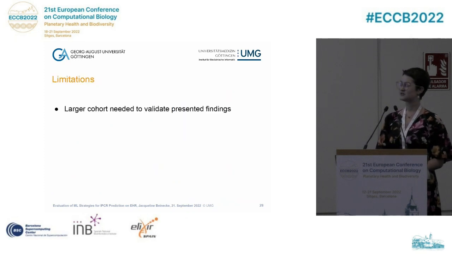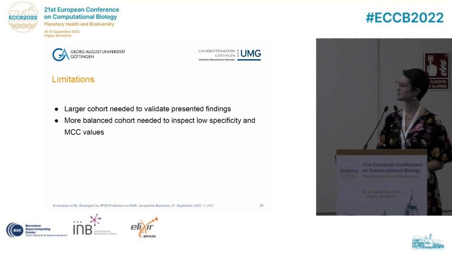So to the limitations of our study, we still need larger data sets to confirm our findings. And our results show that specificity and Matthews correlation coefficient values are quite low.